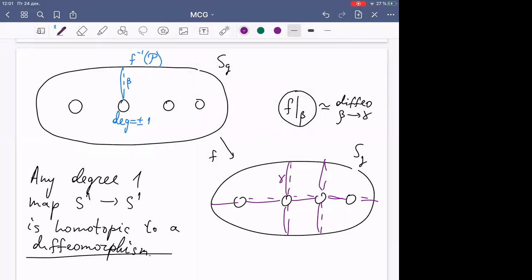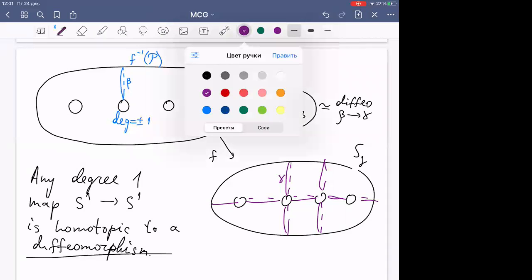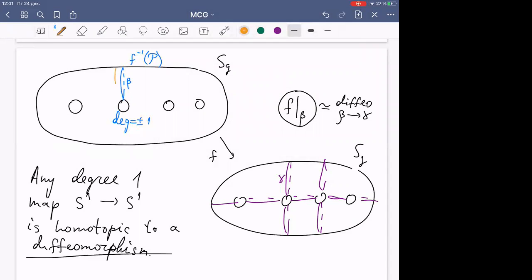Let us leave this as an exercise, but it is possible to extend this homotopy so that it becomes a diffeomorphism not only on beta, but on a regular neighborhood of beta.